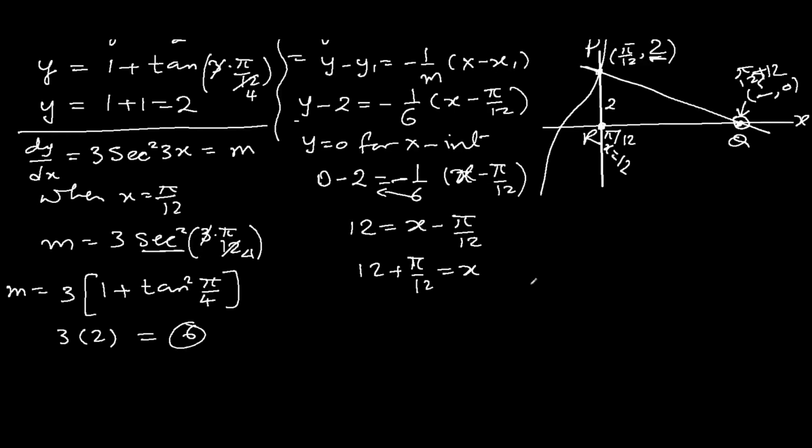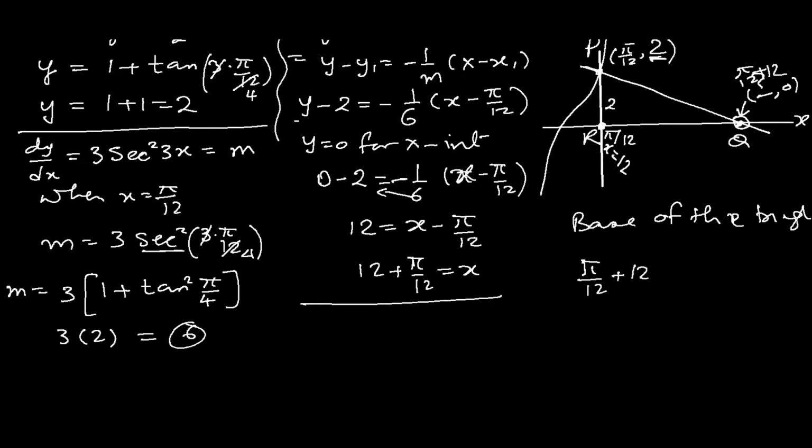So we can find the base now. The base of the triangle will be pi over 12 plus 12, which is what we got for Q, minus pi by 12, which is for R. They cancel out. 12 is the base.